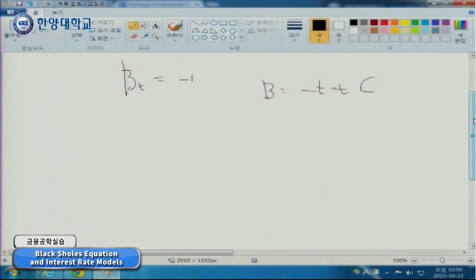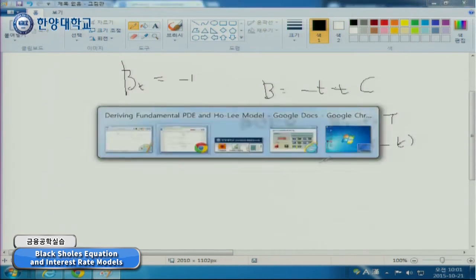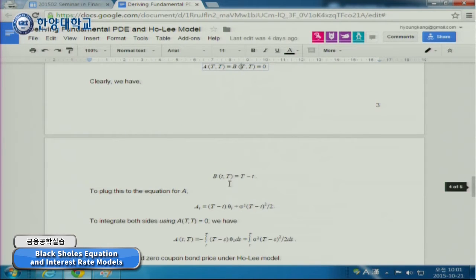And then we know B(T,T) is 0, so which means that B is minus t plus T, or T minus small t. So B is done.